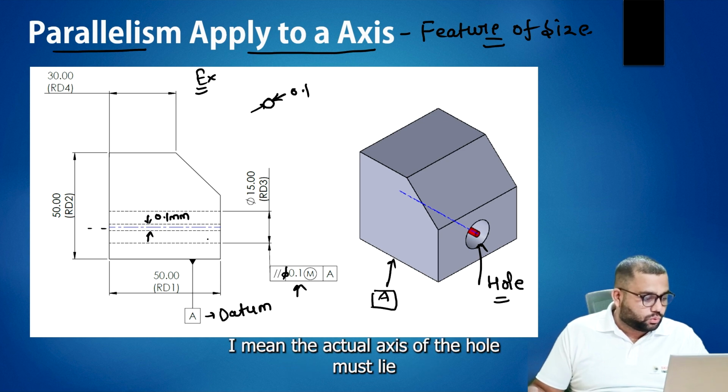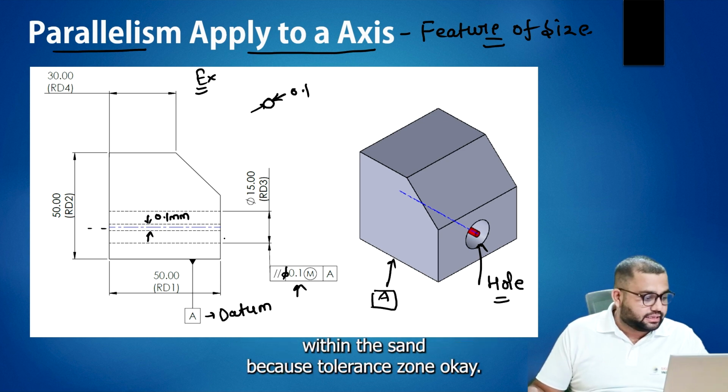The actual axis of the hole must lie within the cylindrical tolerance zone.